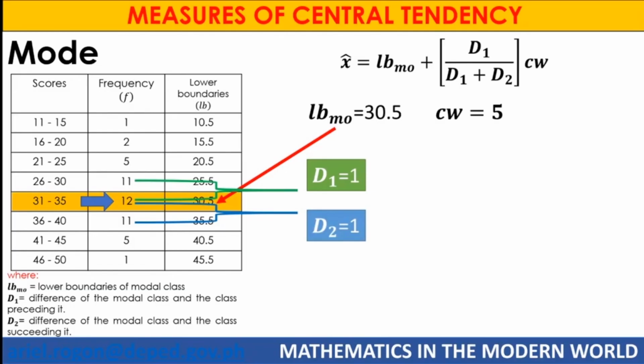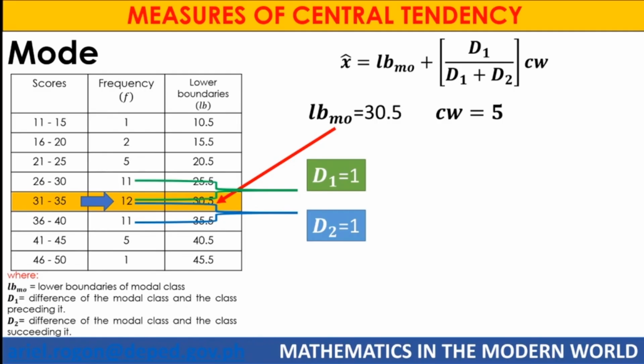So the difference of our modal class, 12, and the frequency after it, 11: 12 minus 11 is equal to 1. So our D2 is also equal to 1, and our class width again is equal to 5. So we have the given.